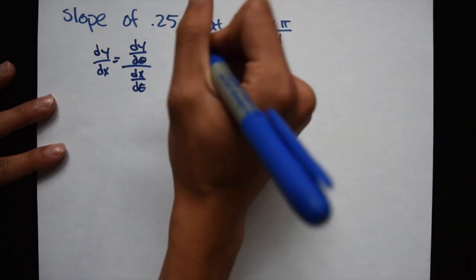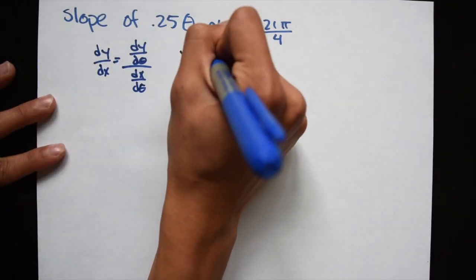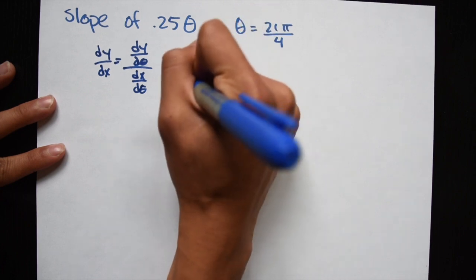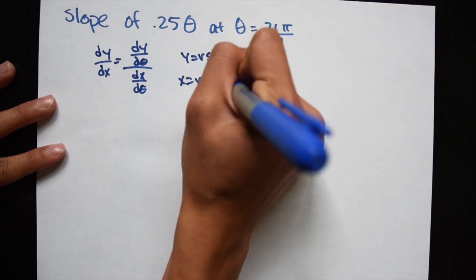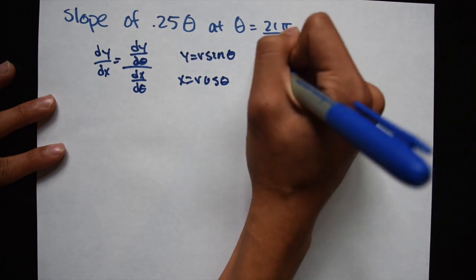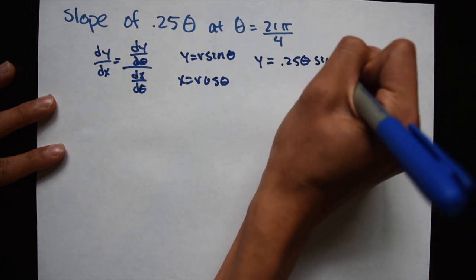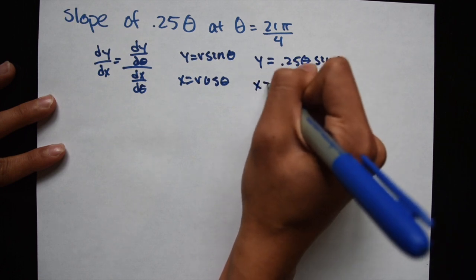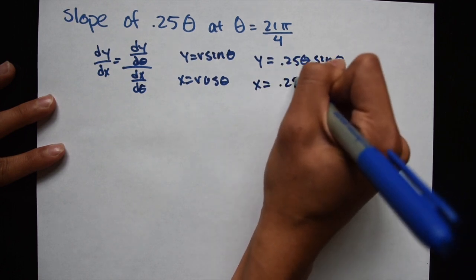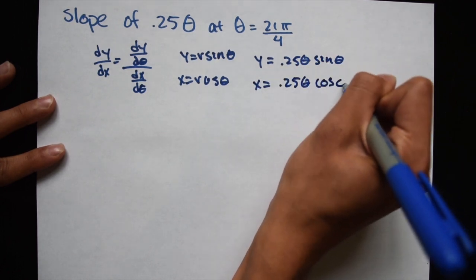So since y equals r sine theta and x equals r cosine theta, we know that y equals 0.25 theta sine theta and x equals 0.25 theta cosine theta.